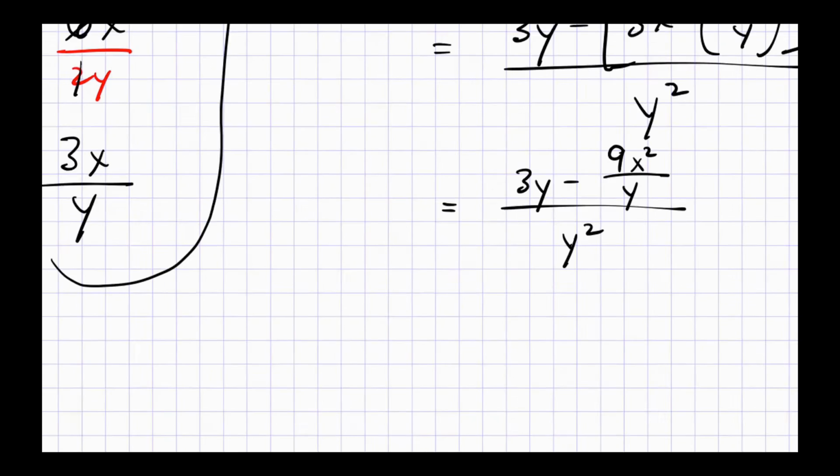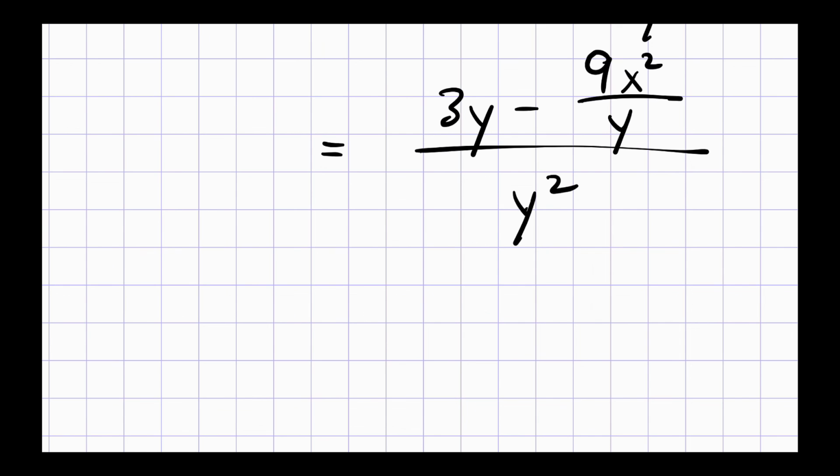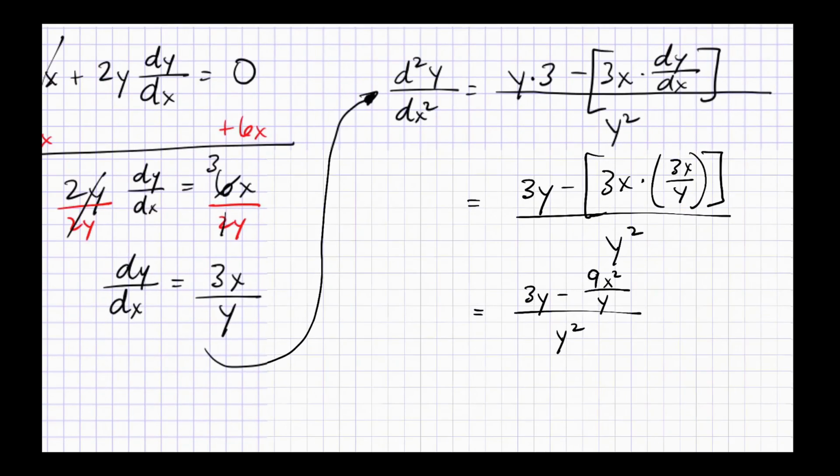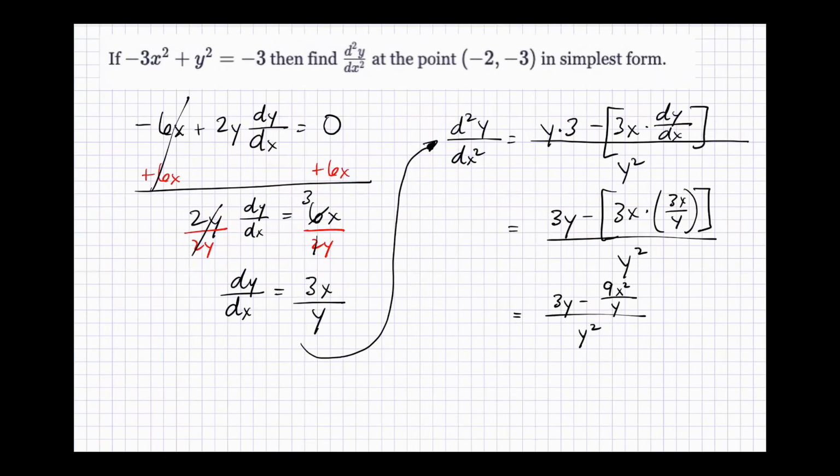Like here, I would have to keep going with a common denominator and everything like that, right? I don't have to do that when I have points to plug in because I know my x and y are right here. So anywhere I see an x, I plug in a -2. Anywhere I see a y, I plug in a -3. Simplify, get an answer, and that's it. You're done.